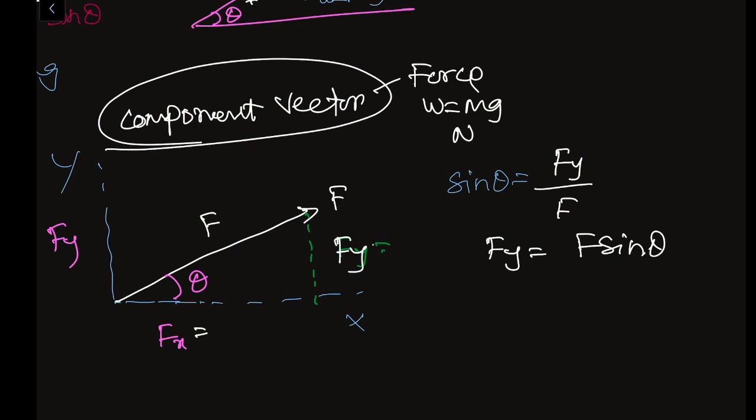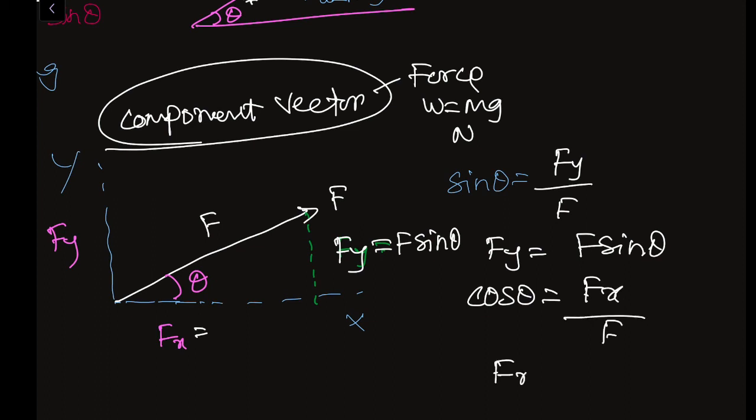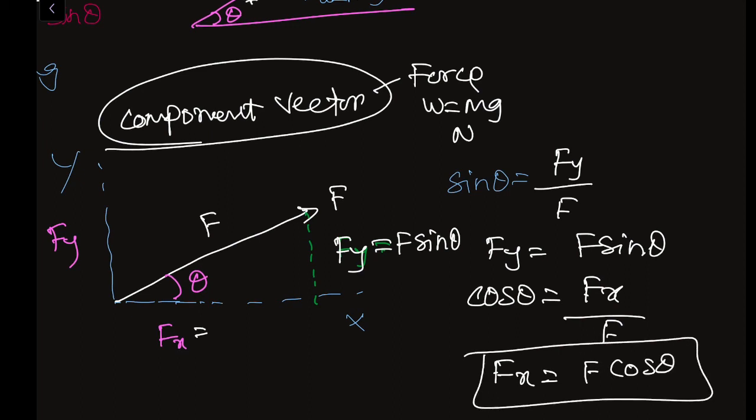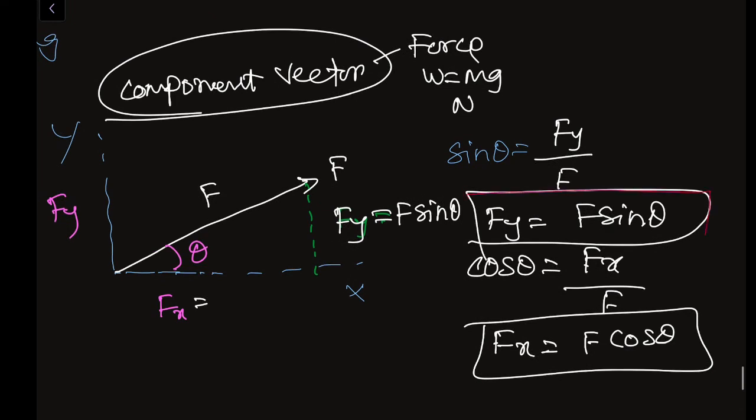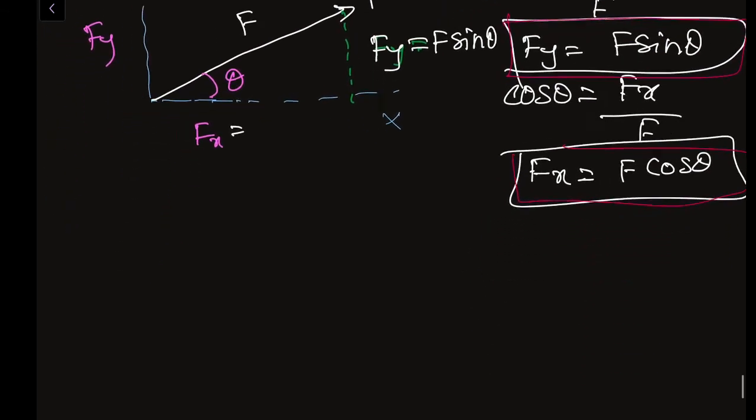Then cos theta is adjacent side Fx divided by F, so Fx equal to F cos theta. That's why we can always write Fy along y as F sin theta, along x as F cos theta. Got it, children?